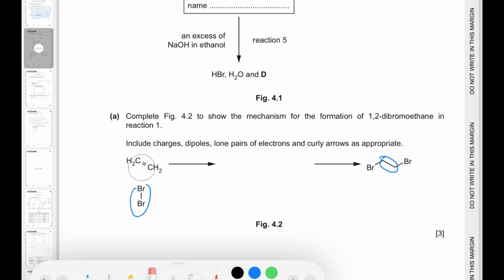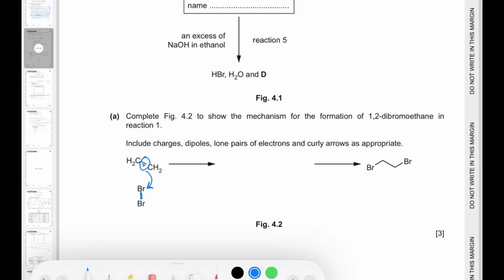To start off, let's explain what's happening over here. The electron density of the carbon-carbon double bond will cause a dipole formation in the bromine molecule. That is, it will repel the electrons in this bond away from the bromine that's closer to the double bond, right?